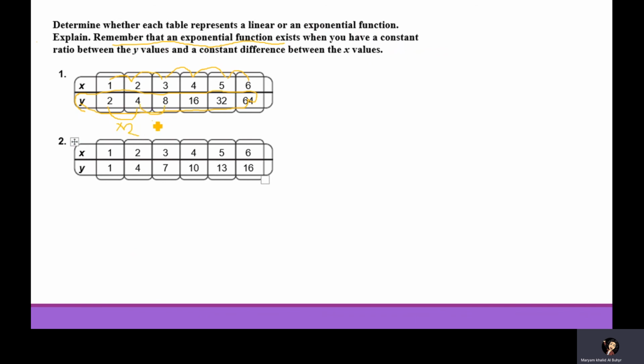Again, this is multiplied by 2. That means we have a common ratio, because the pattern is given by multiplication. Again here by 2. The pattern is multiply by 2, and it's constant in all of them. I have a common ratio. Since I have a common ratio, that means this is an exponential function.